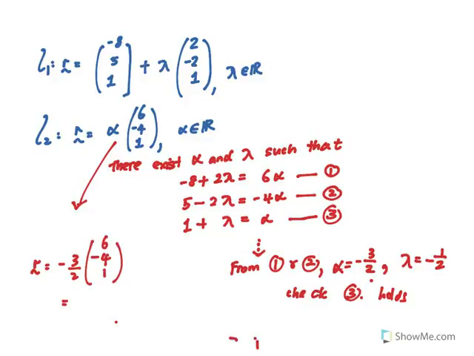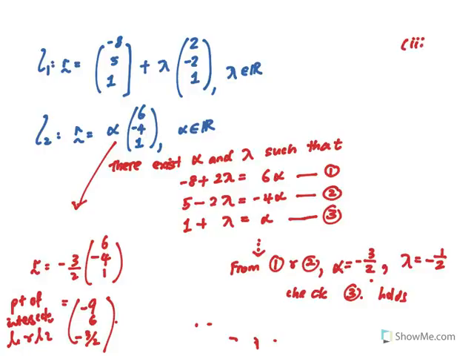This should give you negative 9, positive 6, and negative 3 over 2. So this should be your point of intersection between line 1 and line 2. This is for part 3.